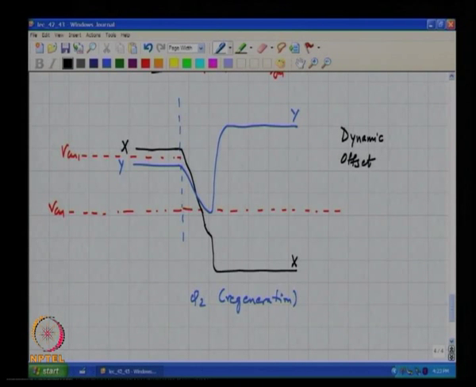But as I said, more than analyzing this, it is sufficient to recognize that this is a problem and the solution is quite straightforward, as you can see. What is the solution?